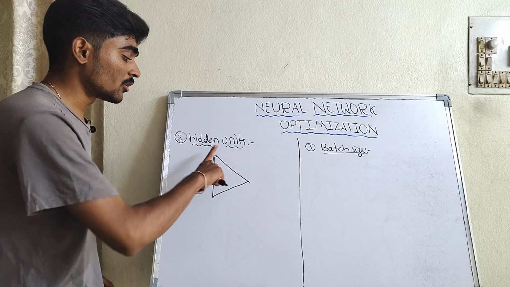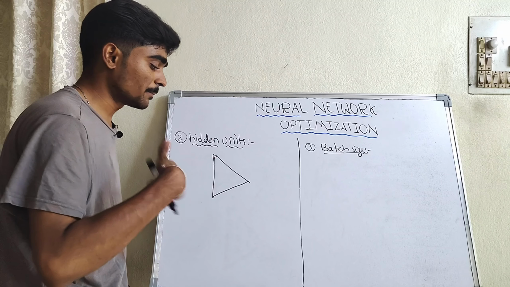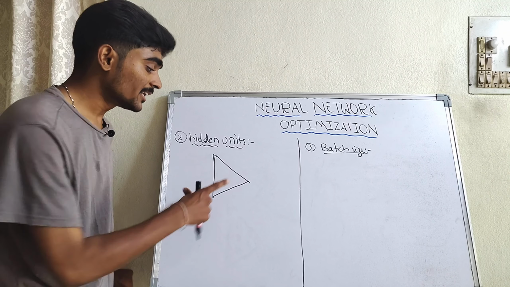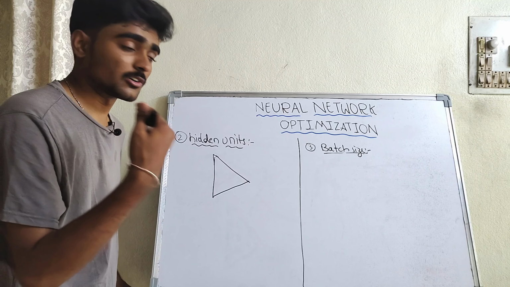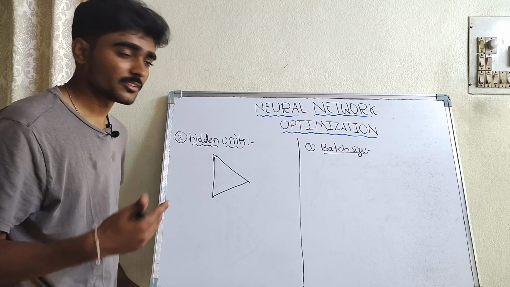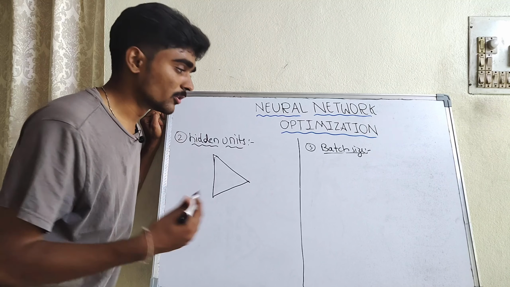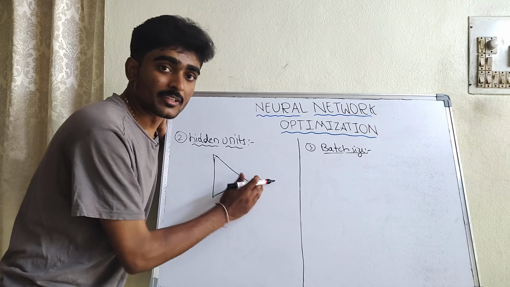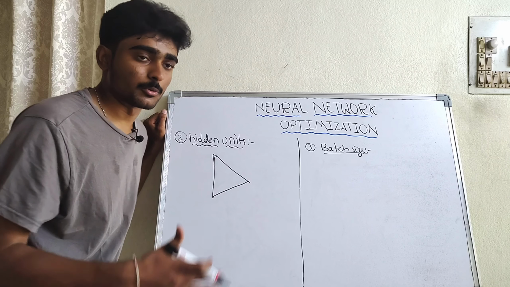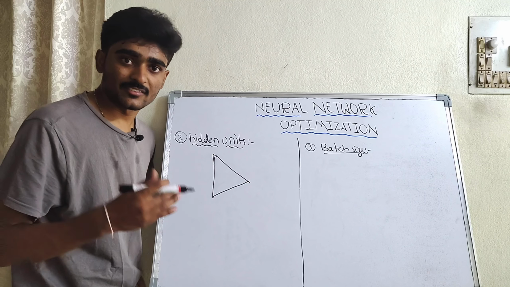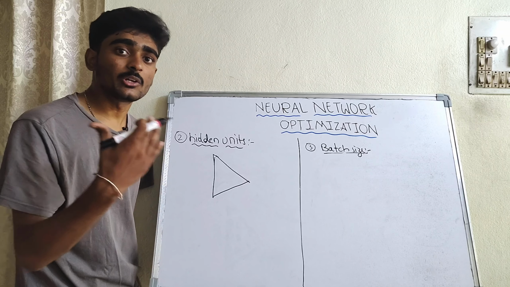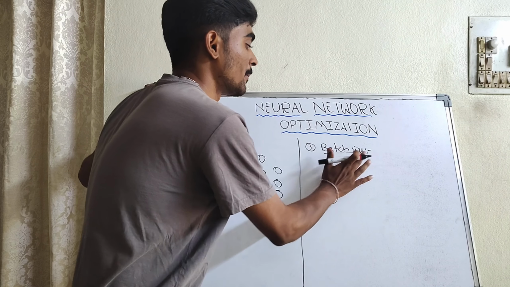This is the pyramidal concept. But later this pyramidal approach failed because it doesn't give that good accuracy. So later scientists decided to go with a random approach, meaning the number of hidden units is decided randomly until they get overfitting.